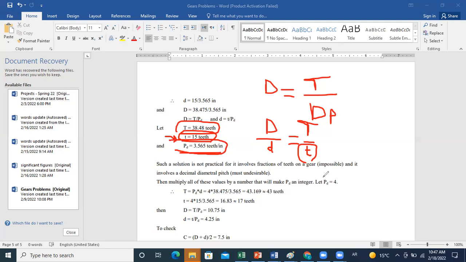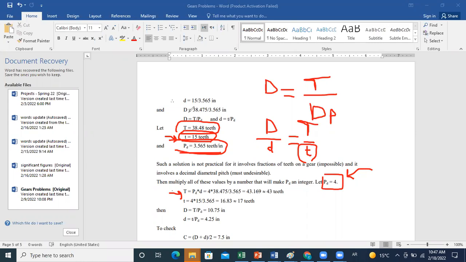So we can set the value of PD equal to 4, and then for this value, let me find what should be the number of teeth for the gear and for the pinion, using the formula that the number of teeth is the diametral pitch times the diameter.